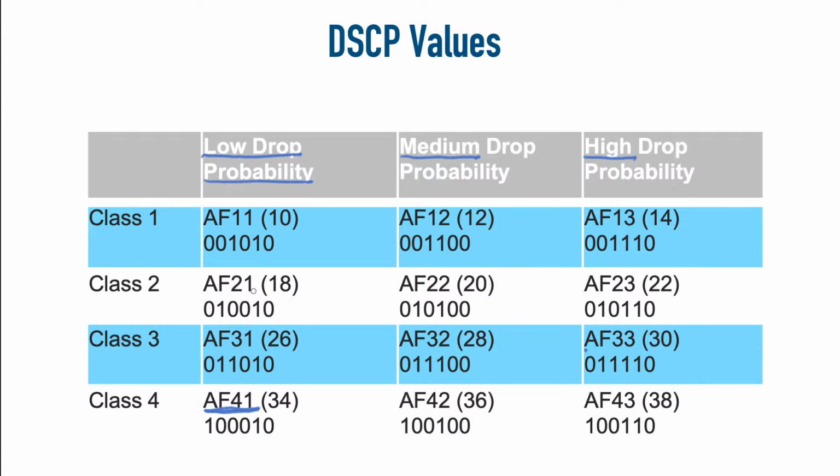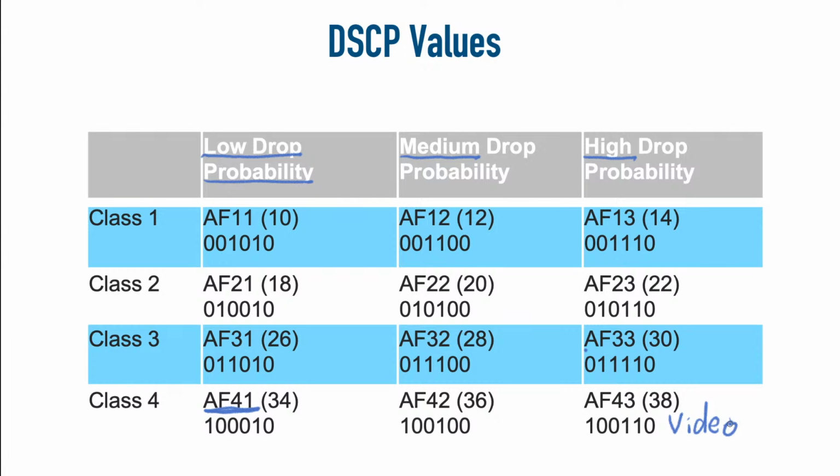Here is a concept that so many people struggle with because it's not intuitive. Let me see if it's intuitive for you. Let me give you this scenario. Let's say that I have video traffic marked with a value of AF43.